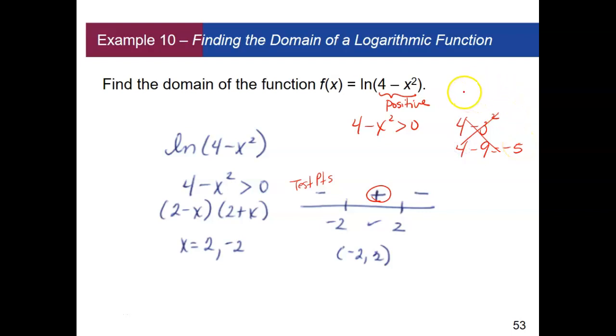Even the number 2, if I did 4 minus 2 squared, that's going to be 0. I can't take the natural log of 0 either. And you can try this on your calculator. It's going to give you an error. So if I take the natural log of 0, I get an error. And that's why I don't have brackets here, but instead I have parentheses. So just be really careful about making sure that whatever you're taking the log of is a positive quantity.